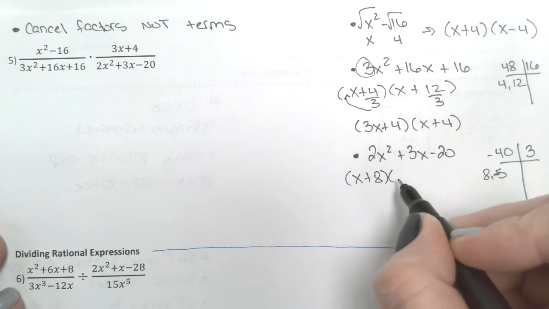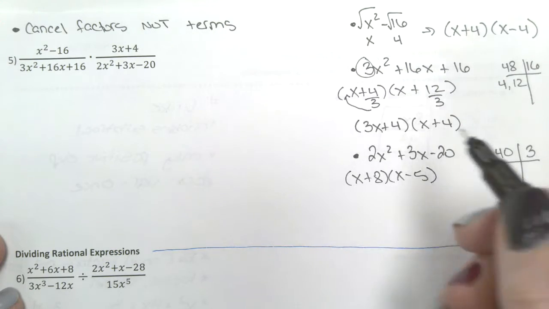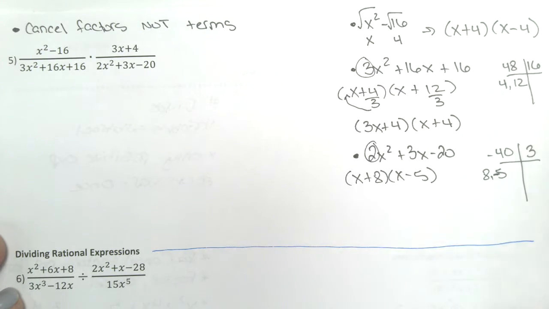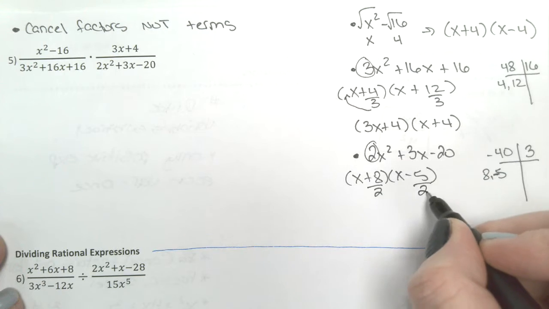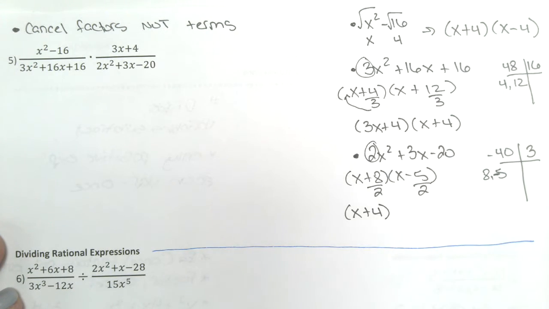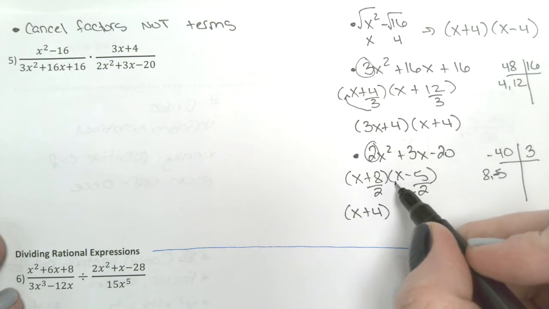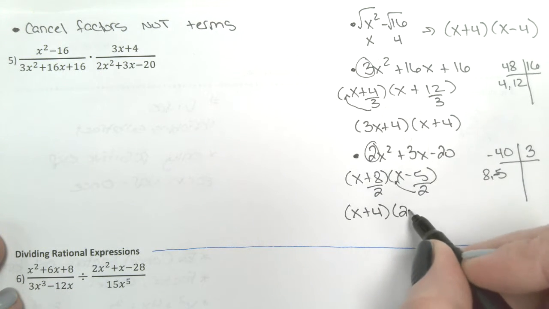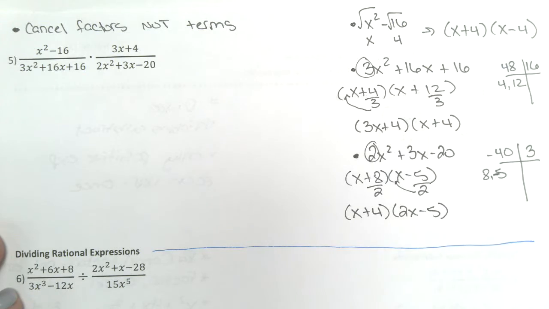So this is x plus 8 and x minus 5. A is 2, so I need to divide both of those numbers by 2. That reduces down to x plus 4. And this 2 needs to swing up in front. And that factors as 2x minus 5.